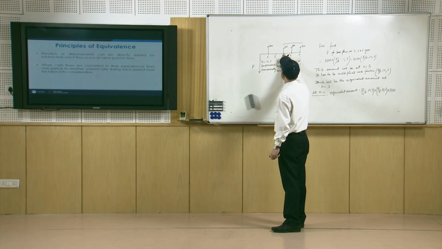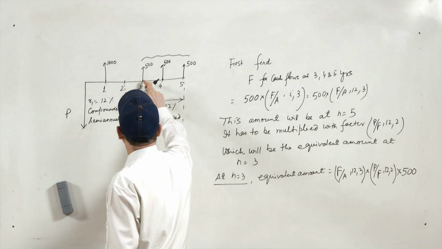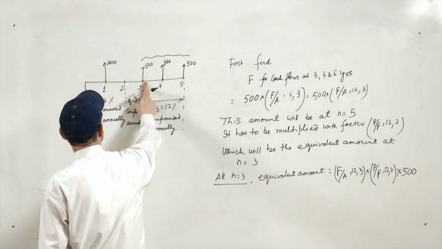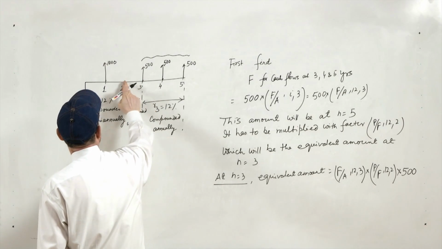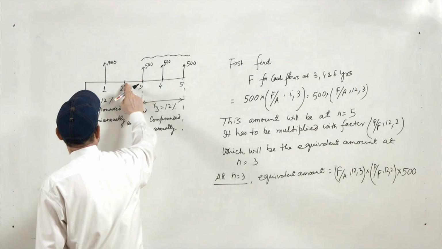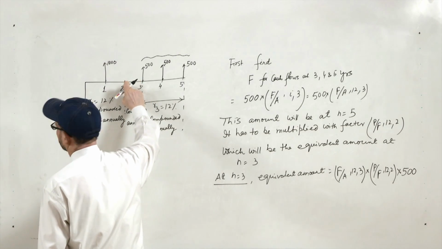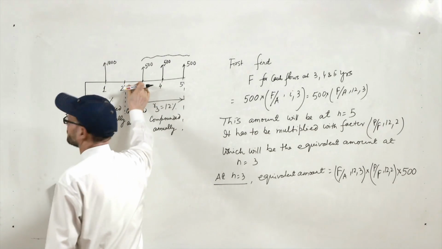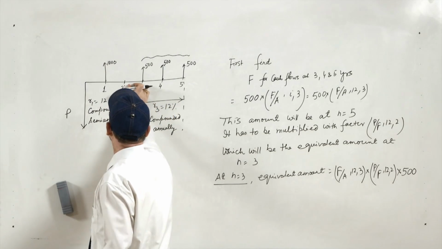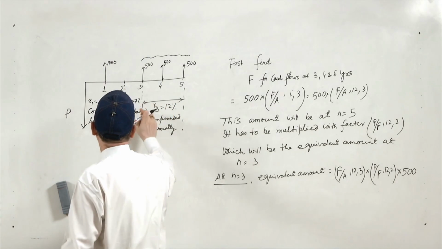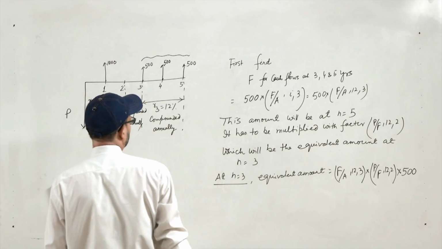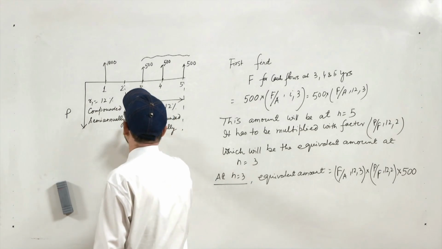Once you get to this particular point, this amount has to be converted to this time. There is one interest period and the interest rate is 7% compounded annually.